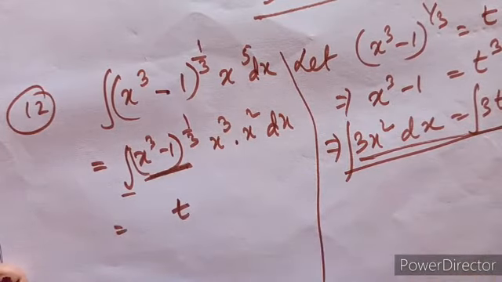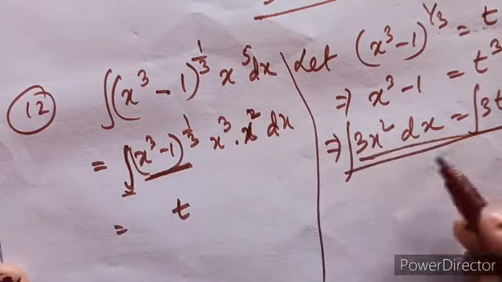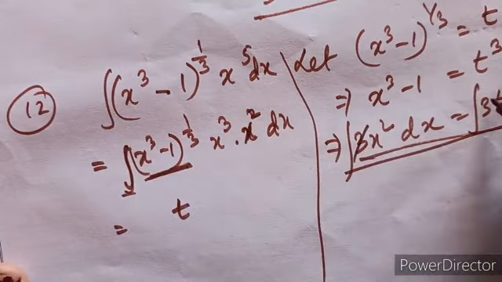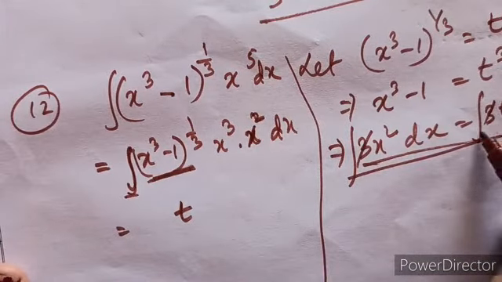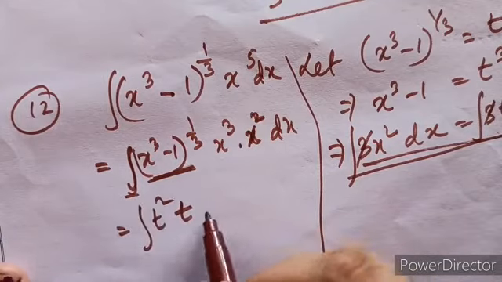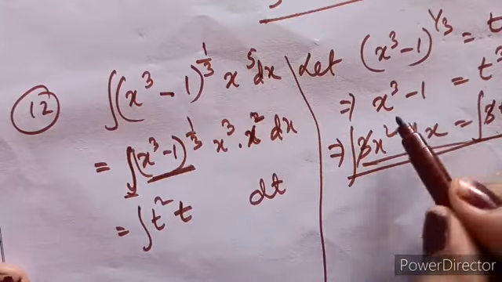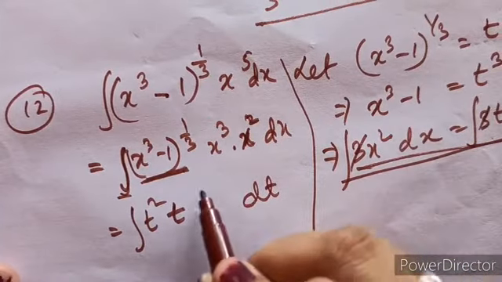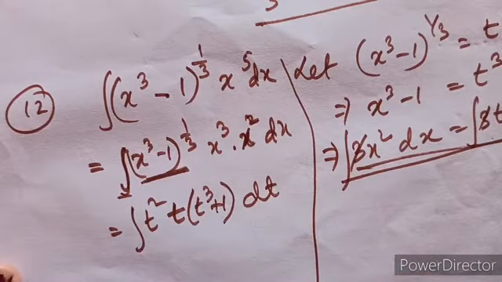And in place of integration x square dx, I have to substitute what? So this 3 and this 3 cancel. So in place of integration x square dx, I have to write integration t square dt. And what is left now? x cube. Now in place of x cube, I can write t cube plus 1. So we have substituted properly.